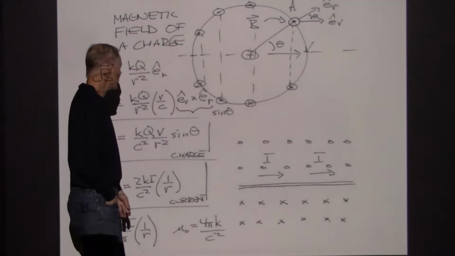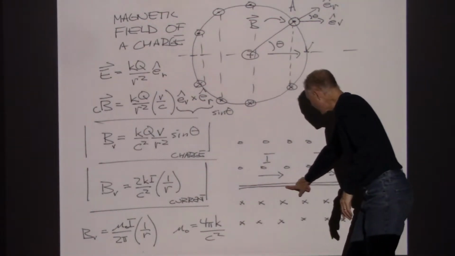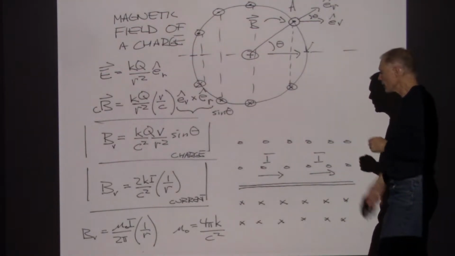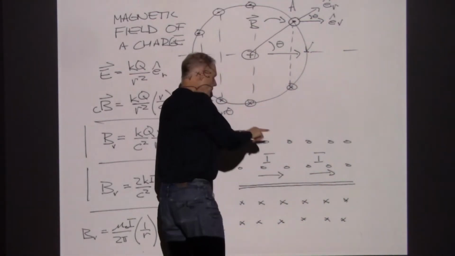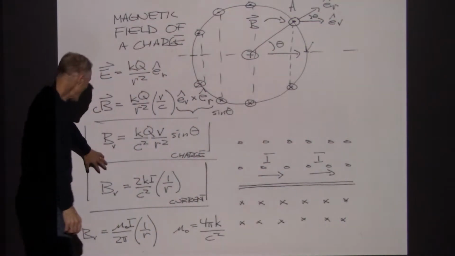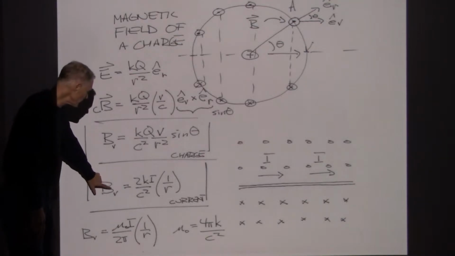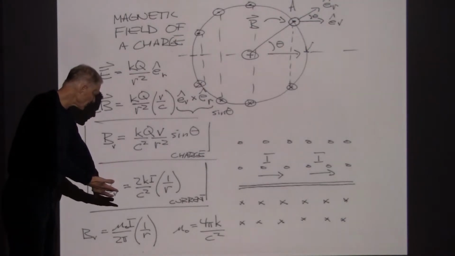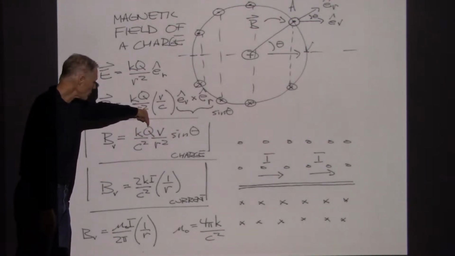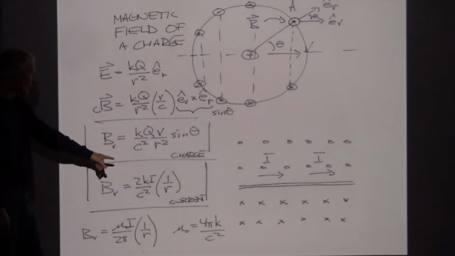So the idea is, if I have a current, the current is going to be a whole series of these charges, all in motion together, and so the magnetic field loops will then be very uniform at a particular radius, and the magnitude of that will be, now this is magnetic field depending on a velocity, and if we take all those charges and add them all together, and turn them into a current, we find out that's the formula we get.